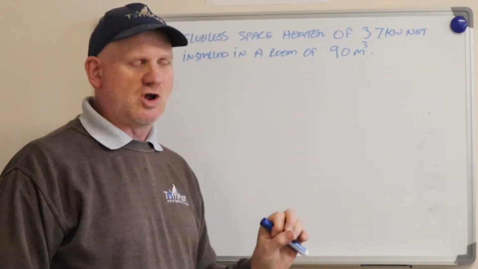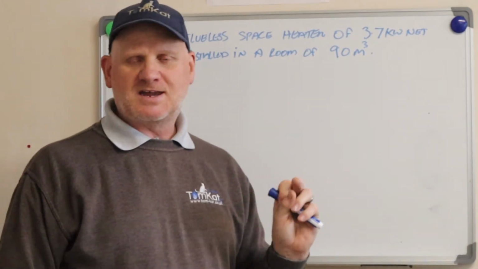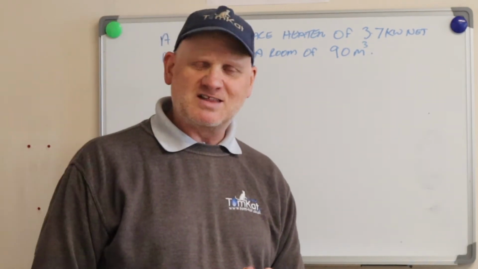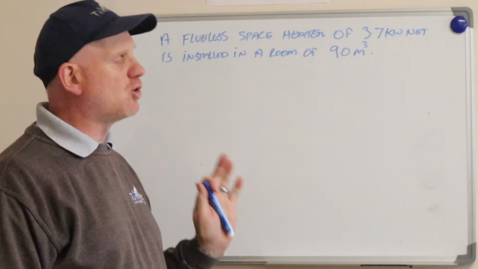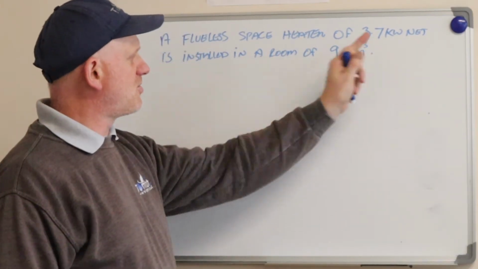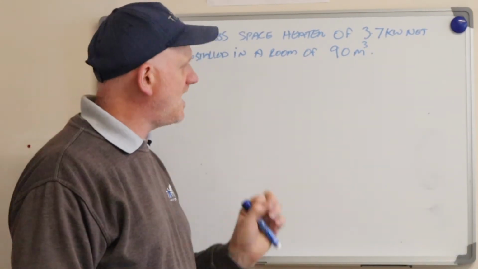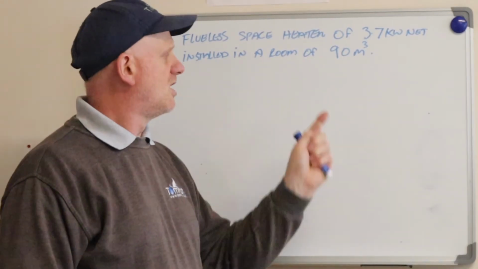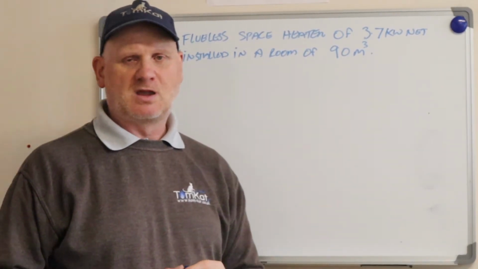So this is how we work out whether one, it can actually fit into that room, and two, what size ventilation we actually require. So the first thing is, let's see if a 3.7 kilowatt net flueless space heater can go in a living room of 90 metres cubed.